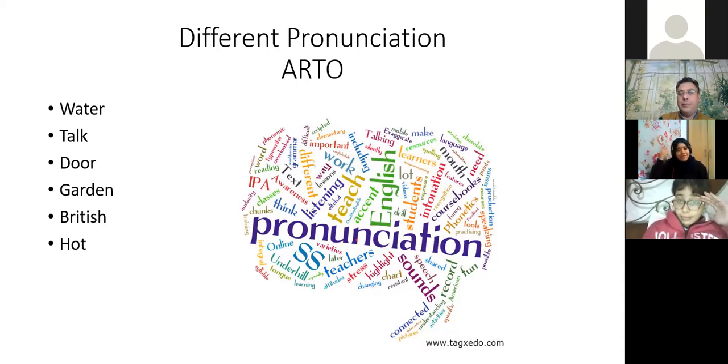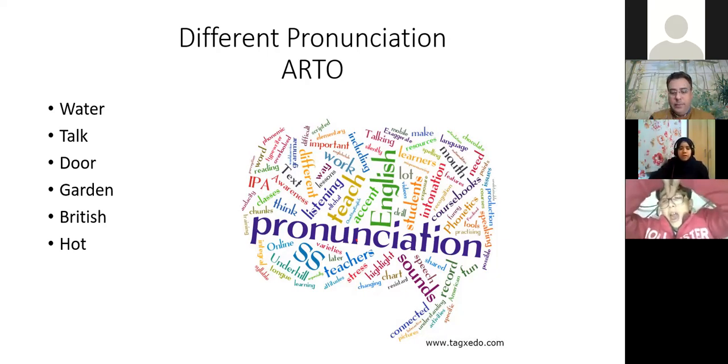T, it's original T, and without R. So it's water. And in American, they said water. No, in American, T becomes like D. Water, water.